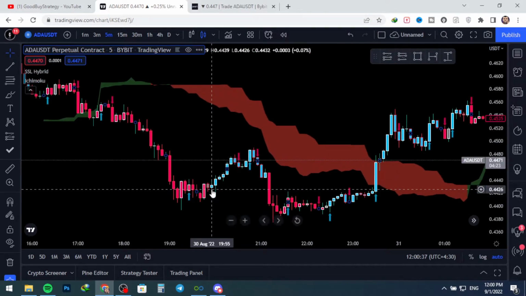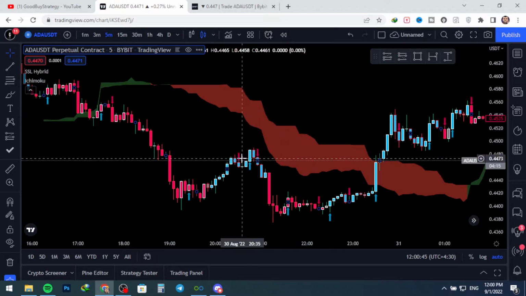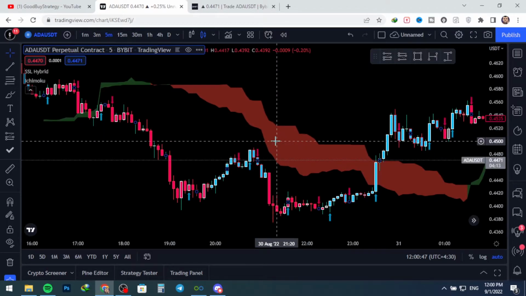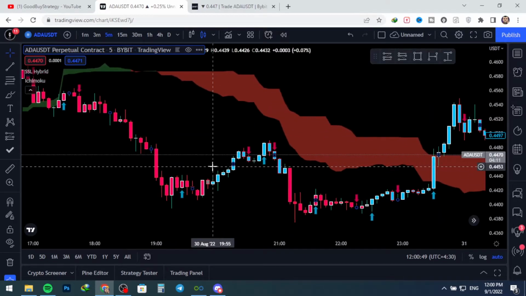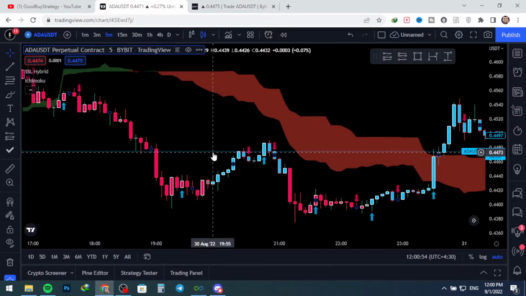If the first candle is blue and the candles are above the cloud, the color of the cloud is not important, we can open a long position. But here we are below the cloud.